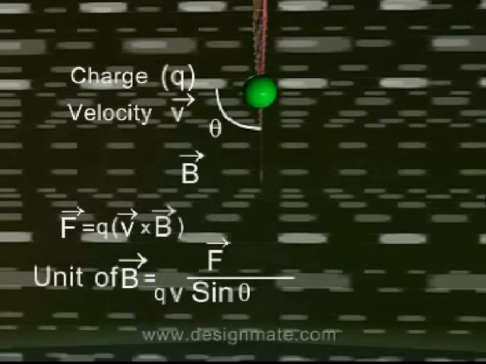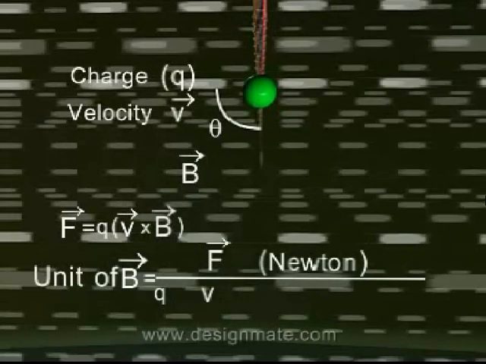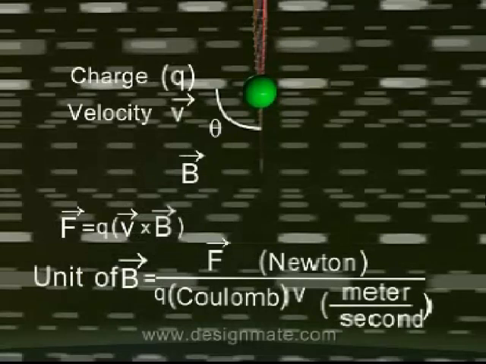We can determine the units of the magnetic field vector B from equation B is equal to F upon q v sine theta. Unit of vector B is equal to F Newton upon q Coulomb into v meter per second.